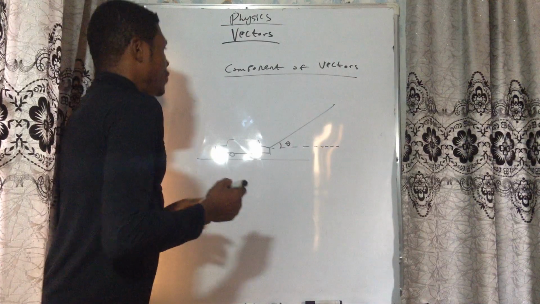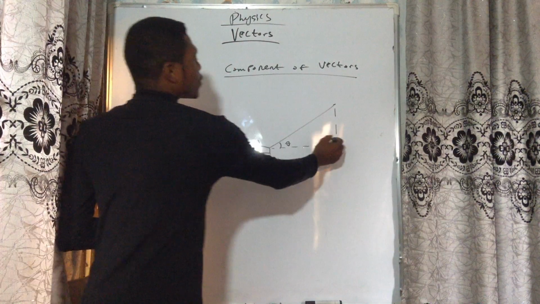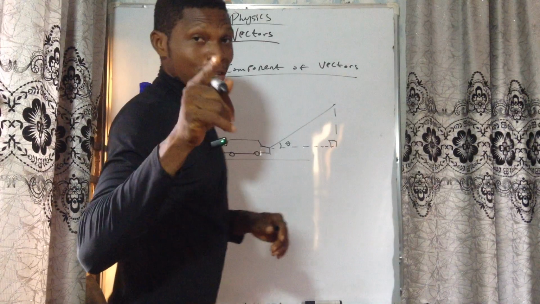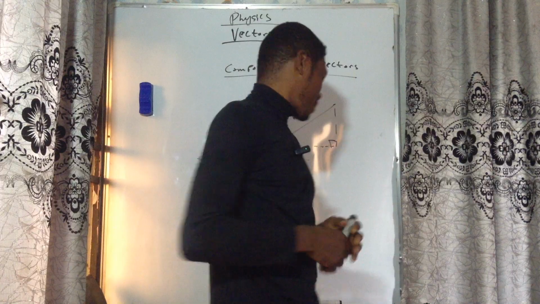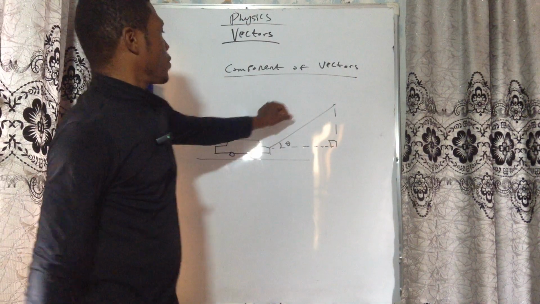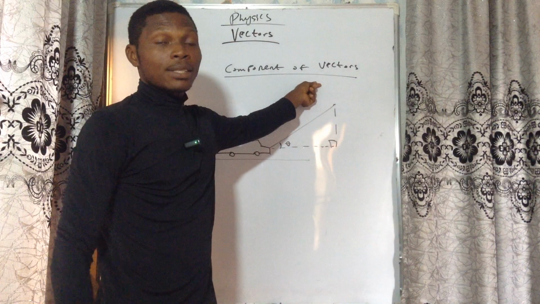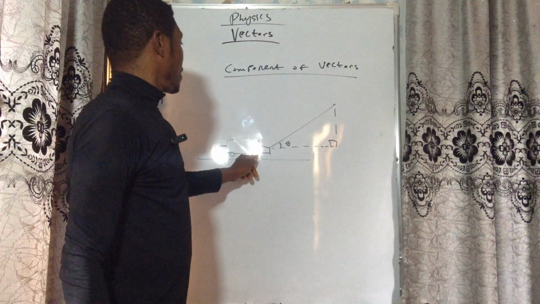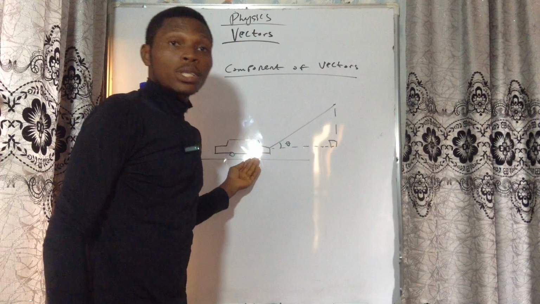Now watch. Let's say that time you were not used to physics, but physics is in you. Now that you are used to physics, if you pull this rope up, that is, if you are increasing the vertical component, do you know what will happen? At a point, the tires will not be touching the ground again.